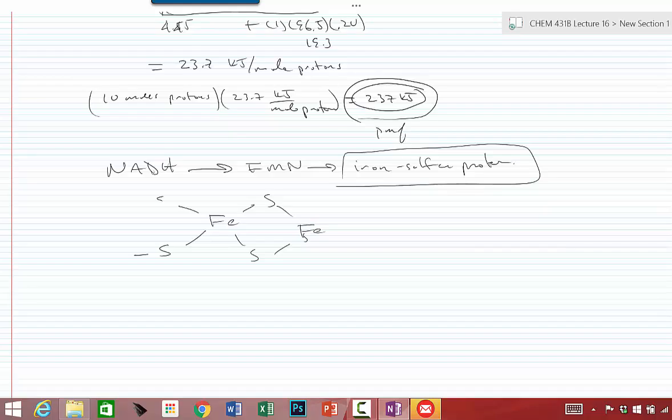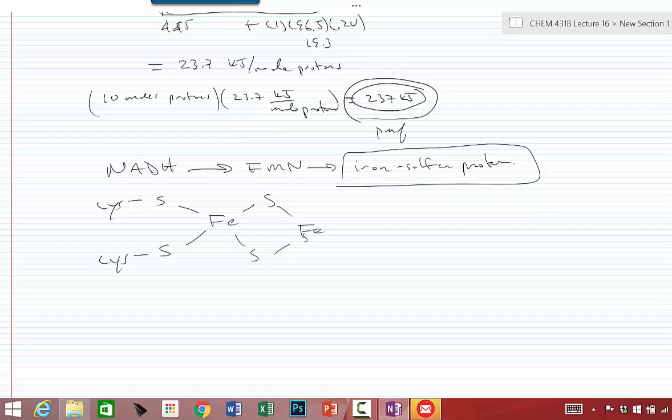Does anyone remember an amino acid that has a thiol group? An SH. I know methionine has S, but I'm looking for one that has an SH. Cysteine, very good. So cysteine is going to contribute the sulfur to these.